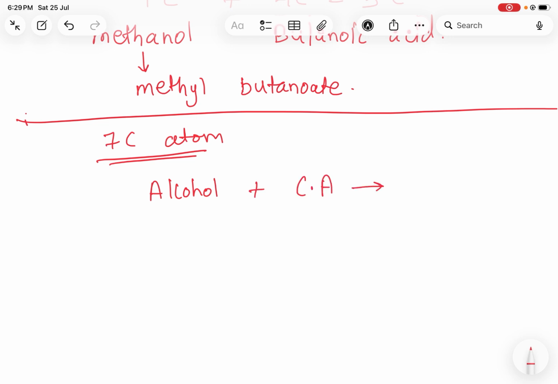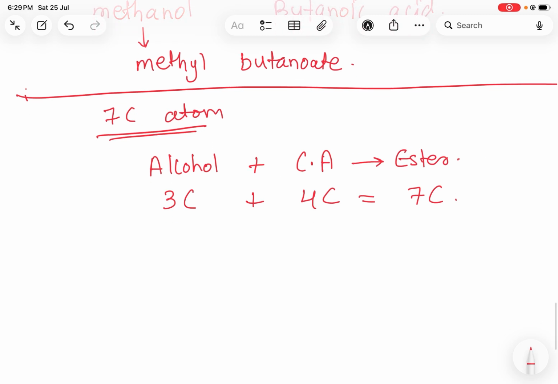Okay, so the ester should contain 7 carbon atoms. In this case, 3 carbon atoms plus 4 carbon atoms will give me 7 carbon atoms. Okay, so I can take propanol and butanoic acid.